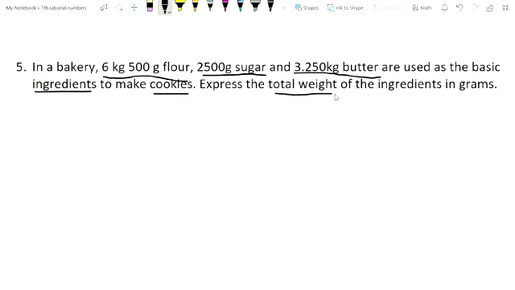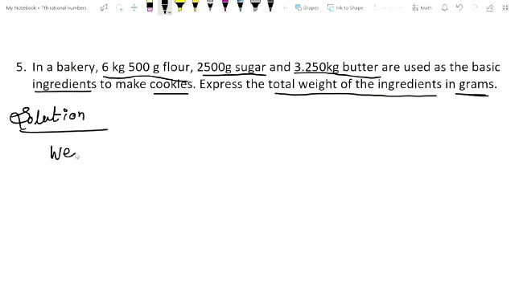Express the total weight of the ingredients in grams. First, the weight of flour equal to 6 kilogram 500 gram.